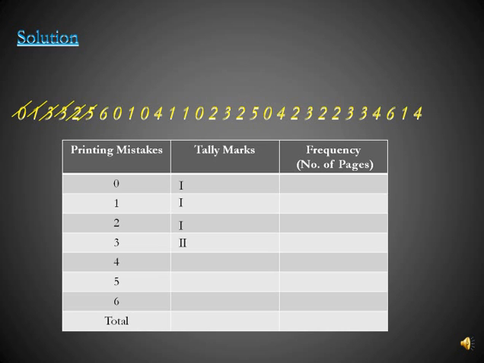Similarly we will do for the other numbers, and we will cancel the numbers and write the points, or we can say tally marks, against each of the numbers. Then comes 3, 2, 2, 3, 3, 4, 6, 1 and 4.